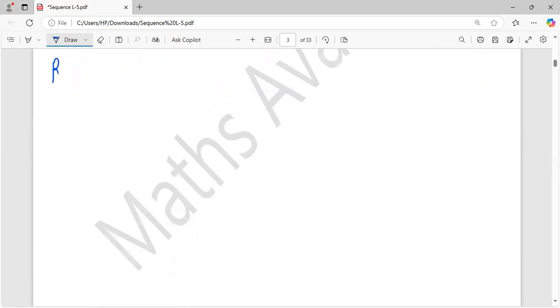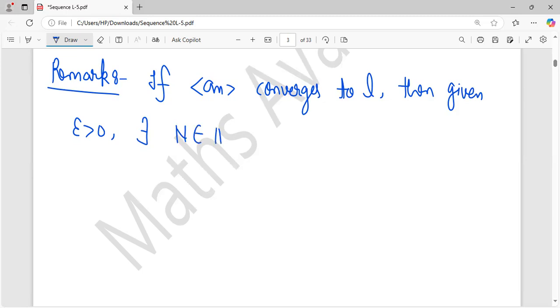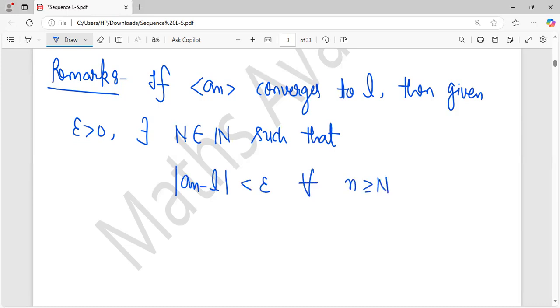Now remark, if an converges to L, then given epsilon greater than 0, there exists capital N belongs to N such that |an minus L| is less than epsilon for all n greater than capital N. So what is the meaning of this?